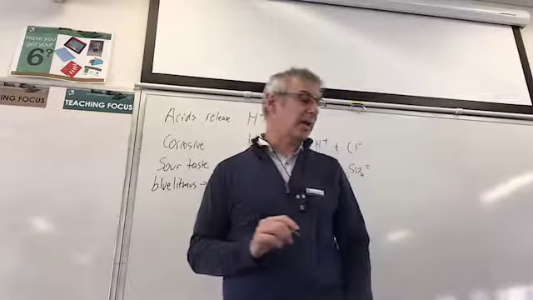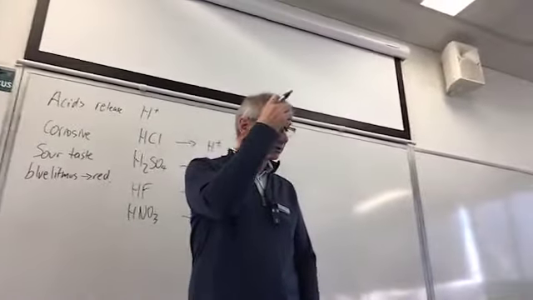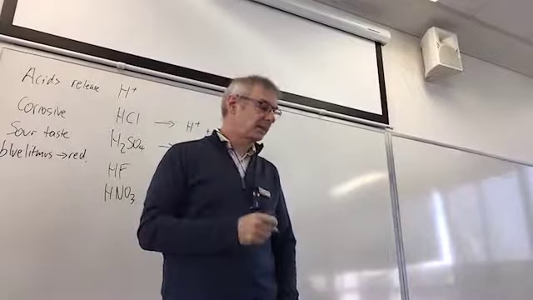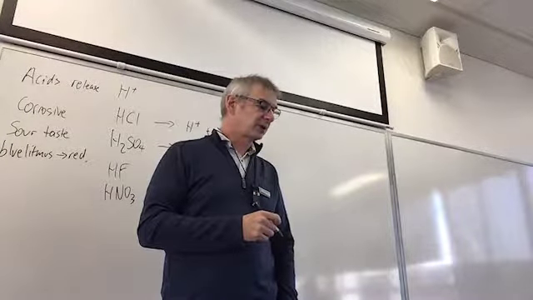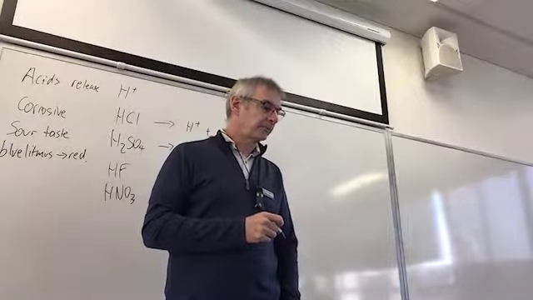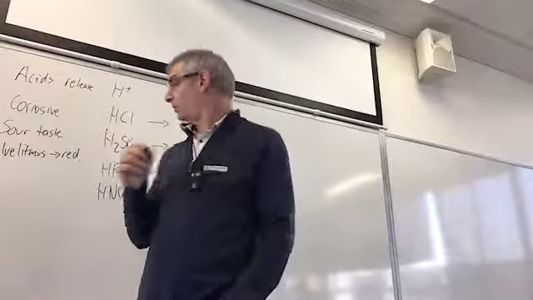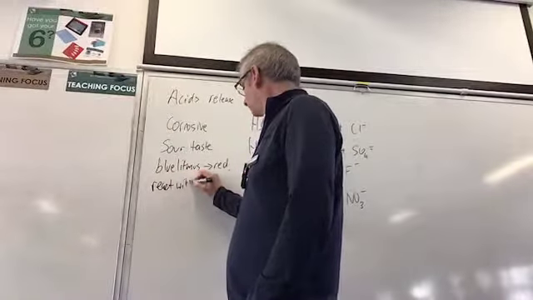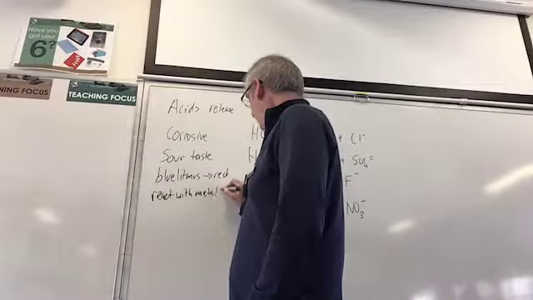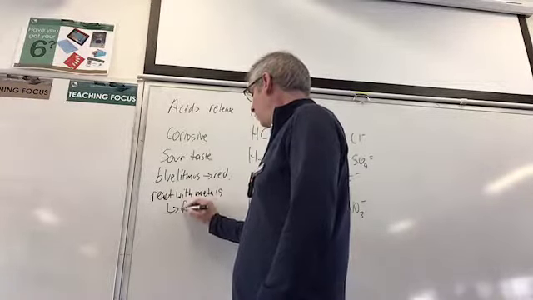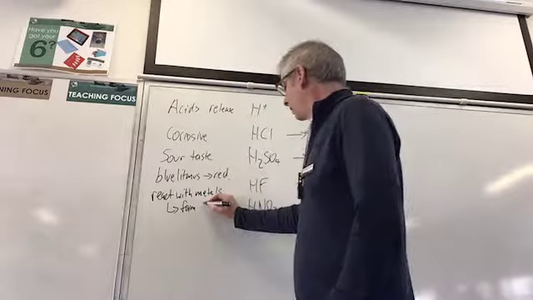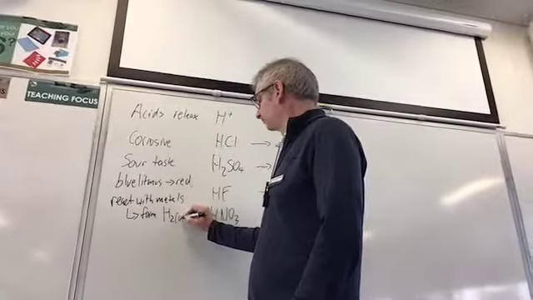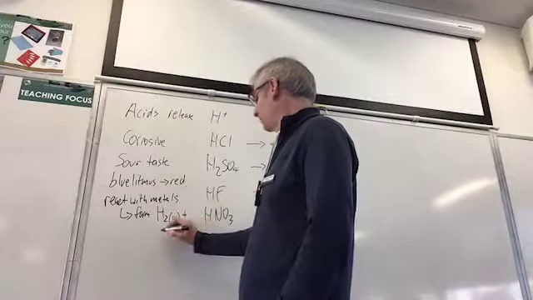We're going to look at indicators and litmus papers probably on Wednesday or even on Friday. They react with metals, and when they react with metals, they form hydrogen gas and a salt.